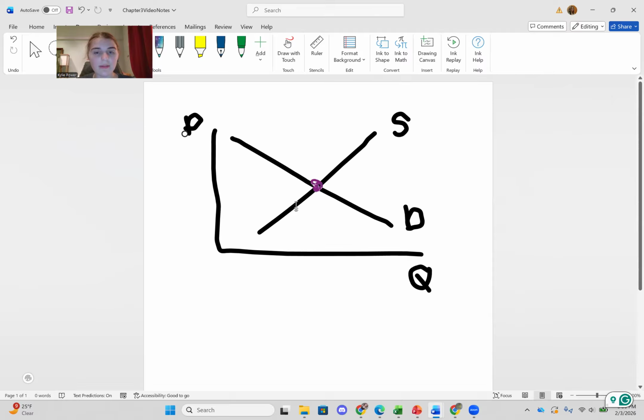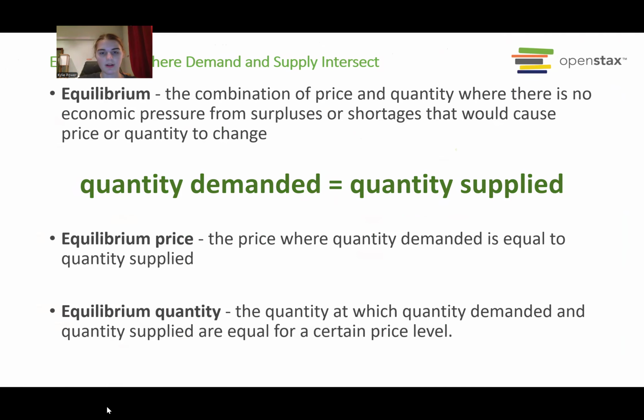So if any place we are not at our equilibrium, we're either going to have a surplus or we're going to have a shortage. So the way we find where our equilibrium is, is setting quantity demanded equal to quantity supplied.